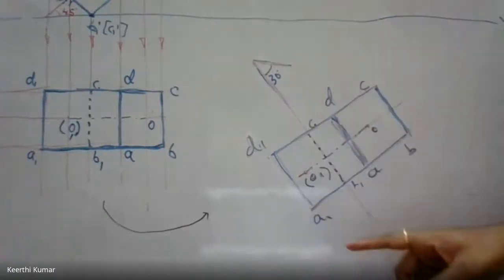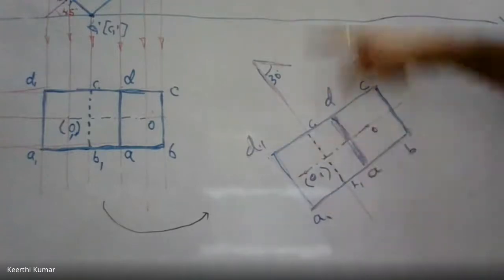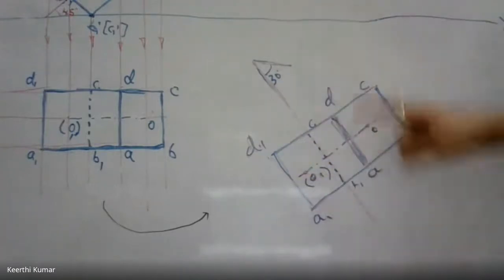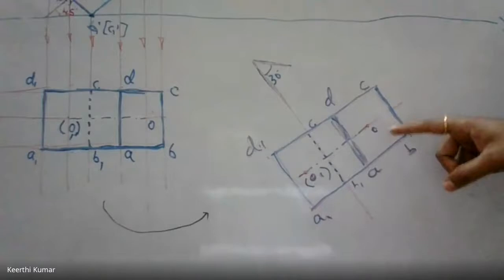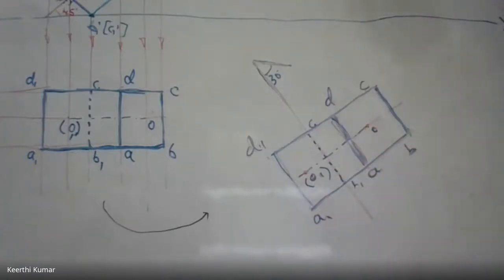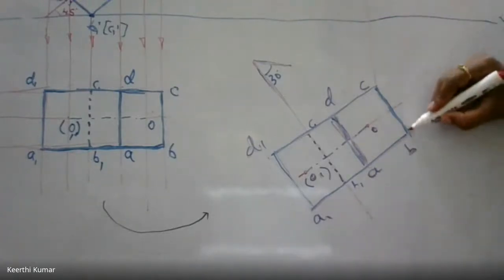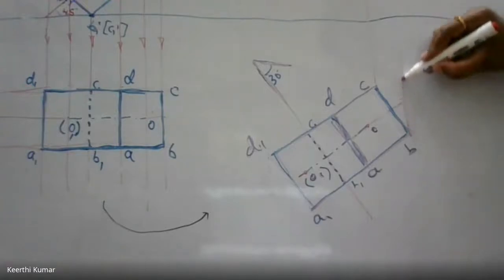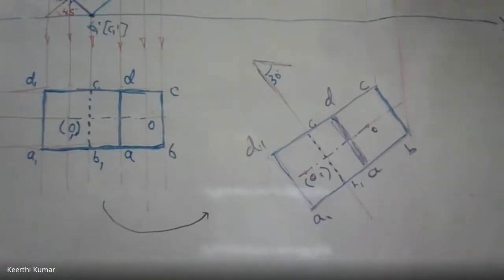Then, once this is done, take the vertical projection from all the corners A, B, C, D, and O, and A1, B1, C1, D1, O1. Take the vertical projection from all the points. You got this projection? I got this projection.